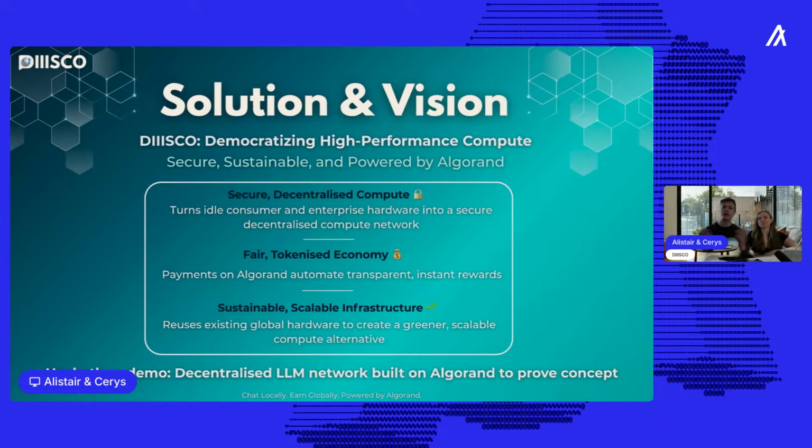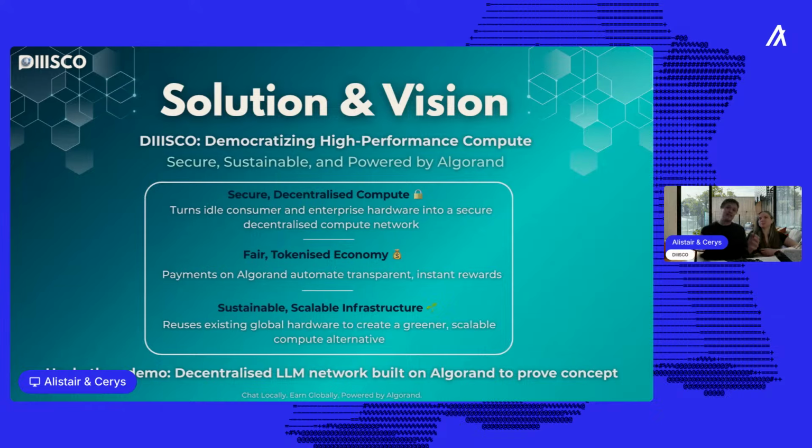And the idea was, what if we could create a decentralized network of these computers and these large language models, and then be able to send requests to that network and say, hey, does anyone have GPT OSS 20 billion parameters? Can someone do the inference for this chatbot for me and send me back the response? And we were able to build that and verify those quotes with Algorand, and then of course make a payment for that inference as well.